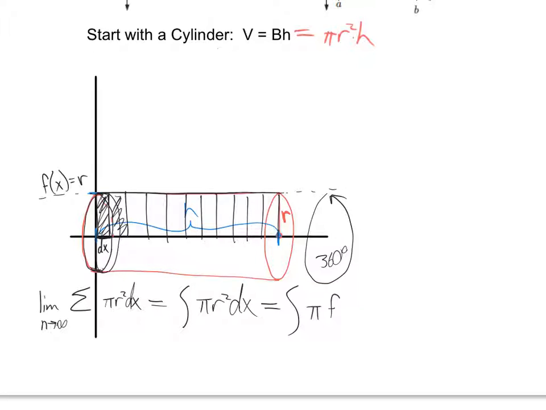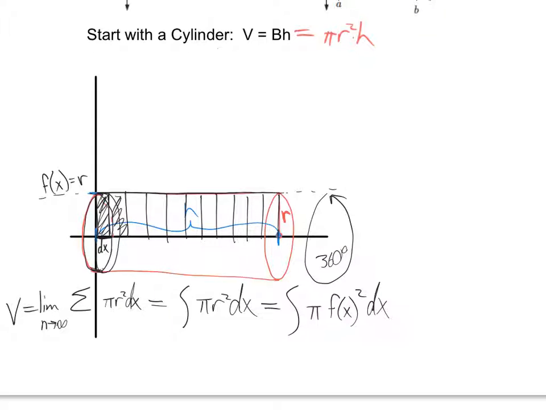Pi r squared was the f of x, right? So if we apply it like that, guess what we now have? We have the volume, where we're finding volume, even if r is not constant.